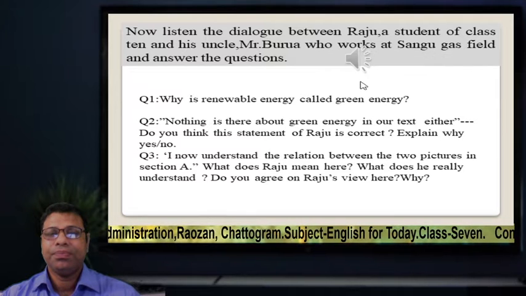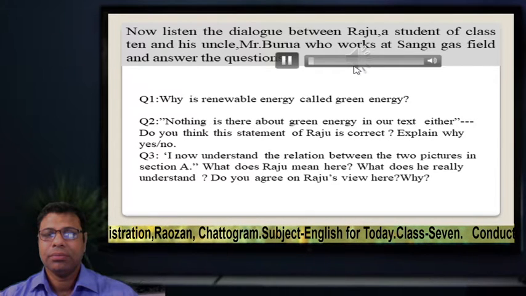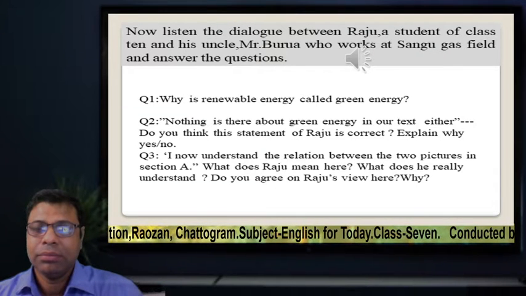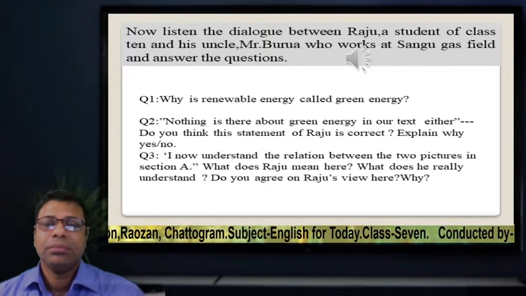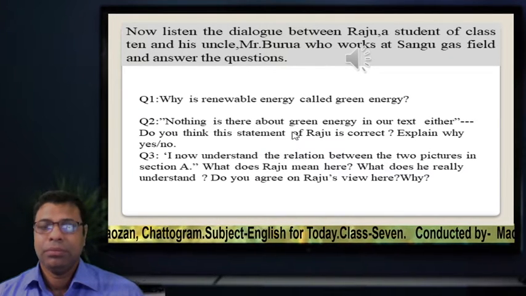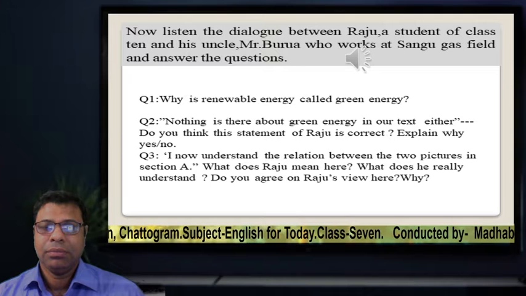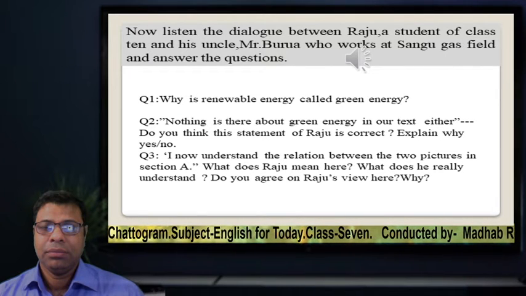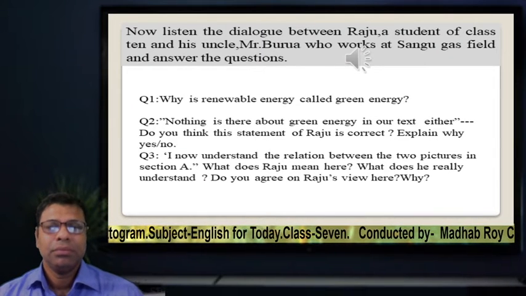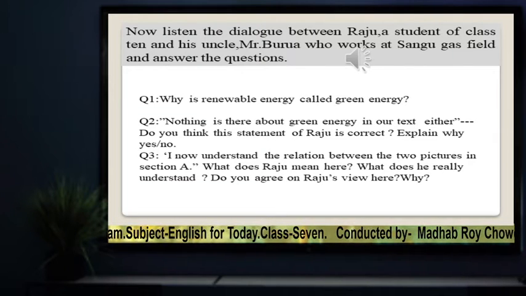Action. What are you reading, Raju? English, uncle. A chapter on renewable energy sources. I see. Do you know renewable energy is also called green energy? Green energy? No, uncle. I don't know. Nothing is there about green energy in the text either. Are you sure? Anyway, renewable energy sources provide us with energy which doesn't harm the environment during its production or consumption. Say solar energy.